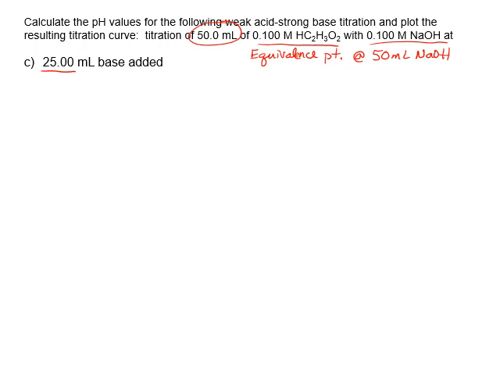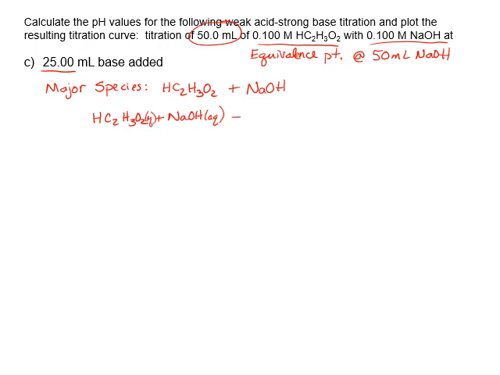Okay, so let's go back and follow our series of steps. What are the major species that we have? Like in the last one, we have our acetic acid that we're titrating, and we have the sodium hydroxide that we're adding. These will undergo a reaction to form water and sodium acetate.